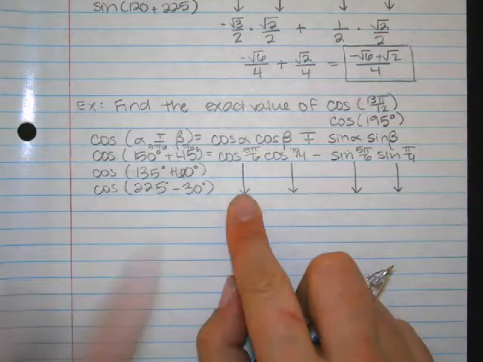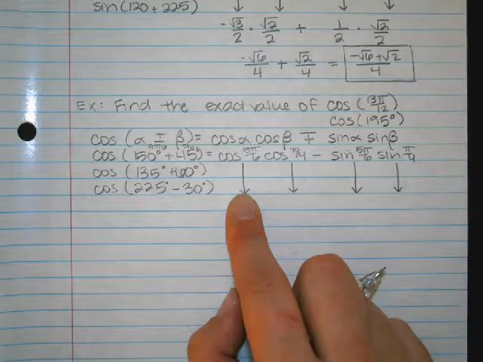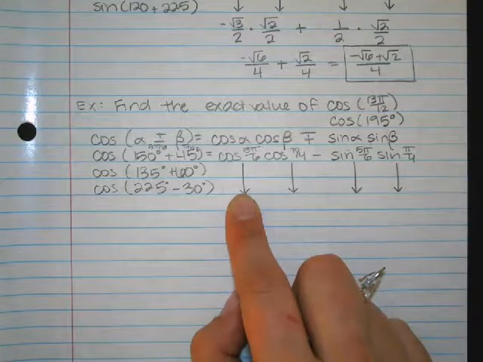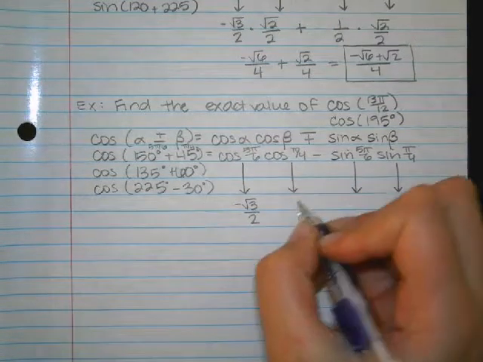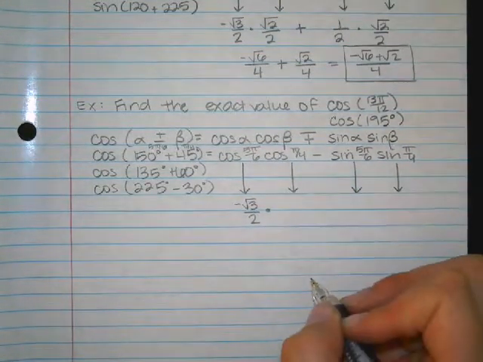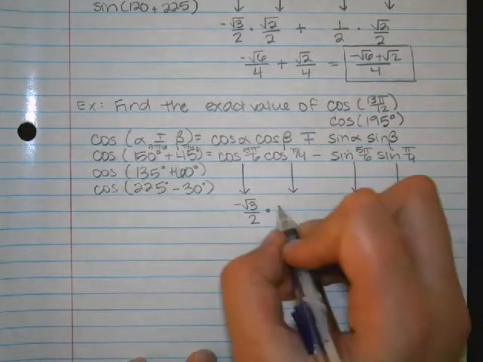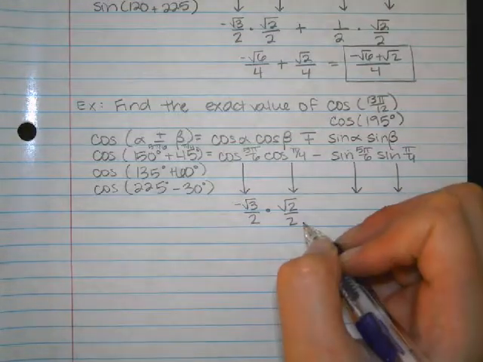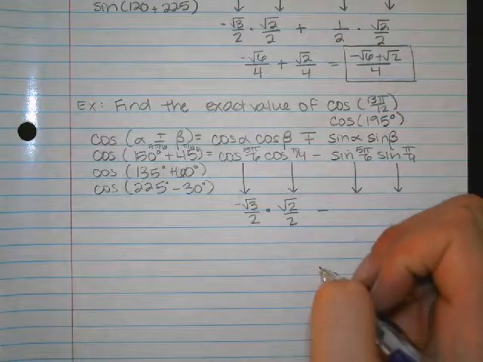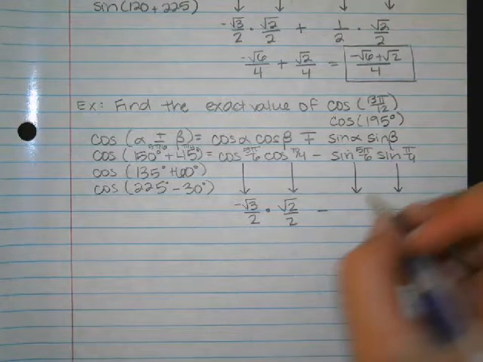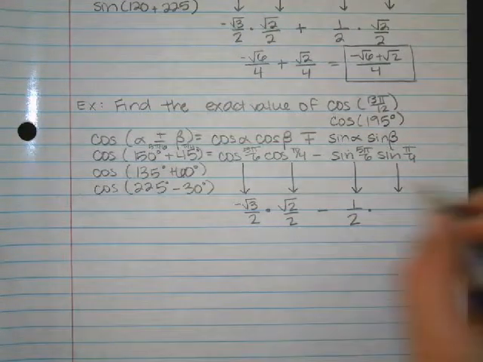So cos of 5 pi over 6 is negative root 3 over 2, times cos of pi over 4, root 2 over 2. Minus sine of 5 pi over 6, 1/2, times sine of pi over 4, root 2 over 2.